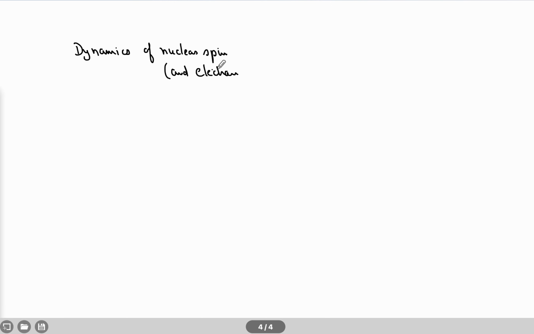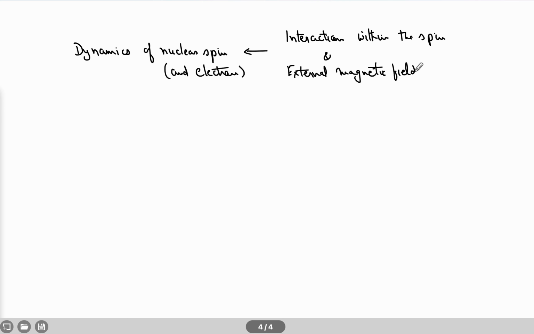This dynamics of nuclear spins is governed by two factors: interactions within the spins, so this is a complex interaction between the spins, and the external magnetic field. All of this governs the dynamics of nuclear spins, which actually drives the NMR experiment.